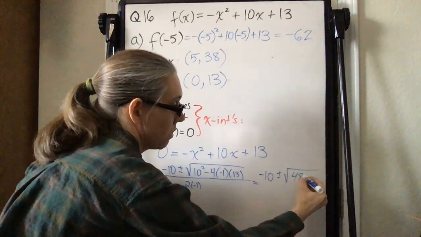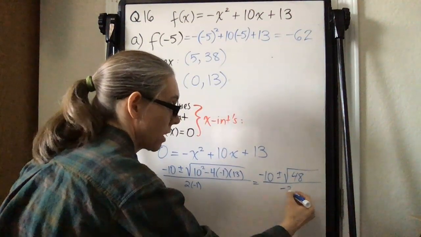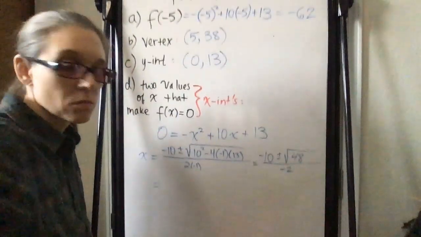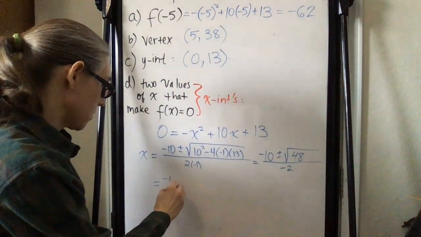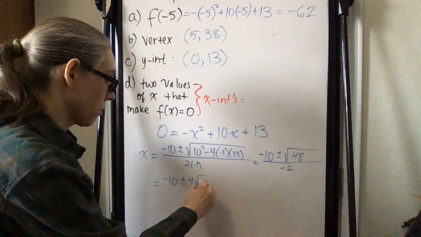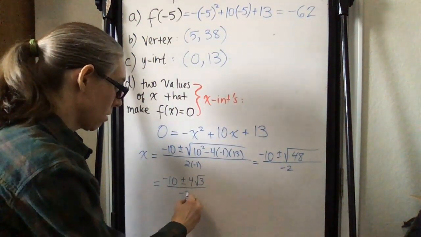So that would be 48 over negative 2. So that becomes negative 10 plus or minus 4 root 3 over negative 2.